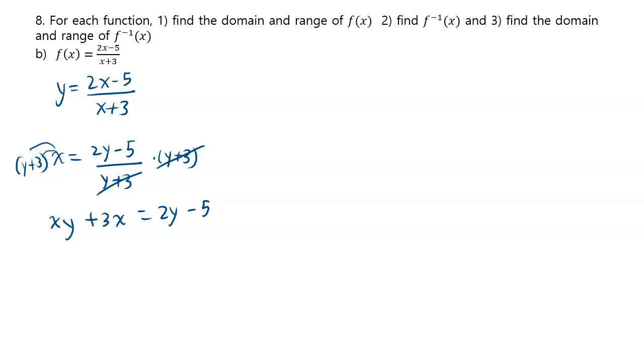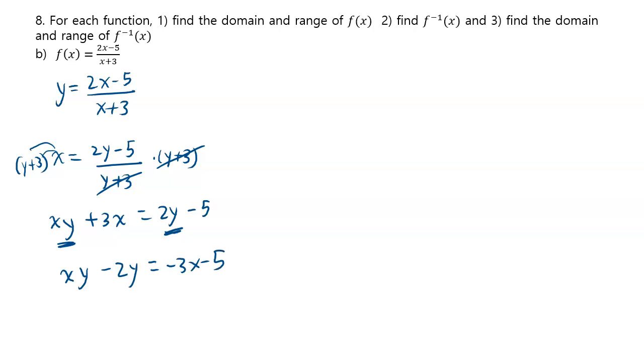Now your goal is to solve for y, and I see a y here and another y here. So you want to bring them together. In order to figure out what y is, you have to put them on the same side before you can do anything else, okay? So xy minus 2y by subtracting 2y both sides, and then also subtracting 3x both sides, you get negative 3x minus 5.